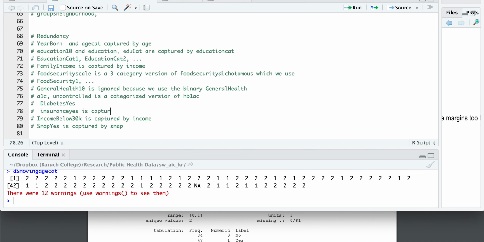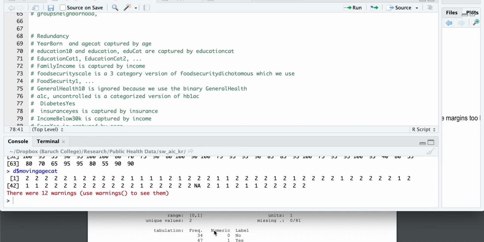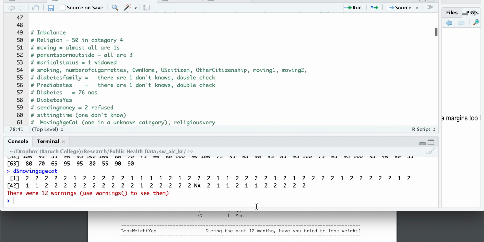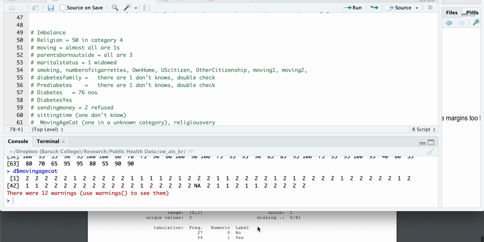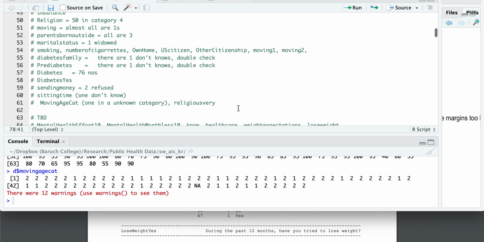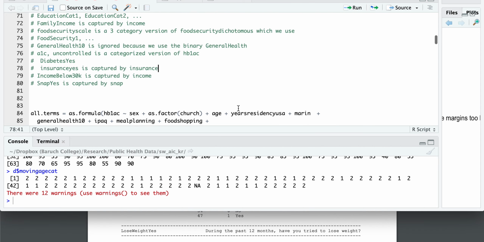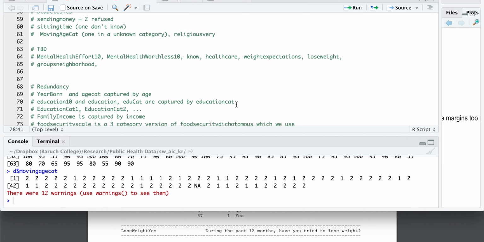Is captured by insurance. Okay. Lose weight. Yes. What did I do with that? Okay, let's just ignore that. Yeah, I removed that, but let's just put it back.